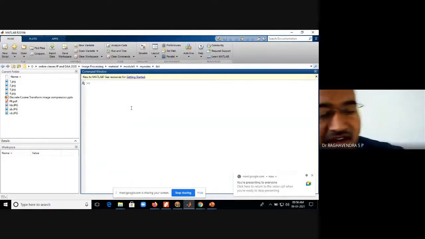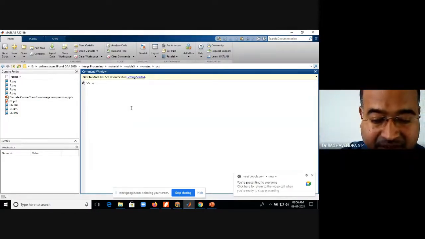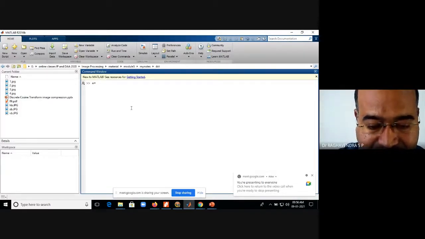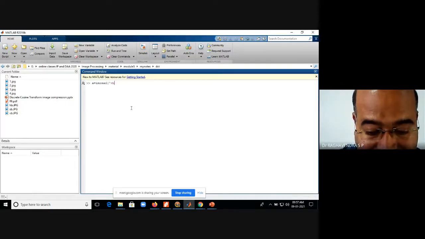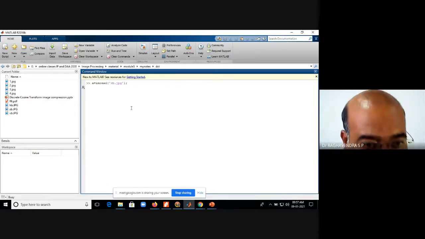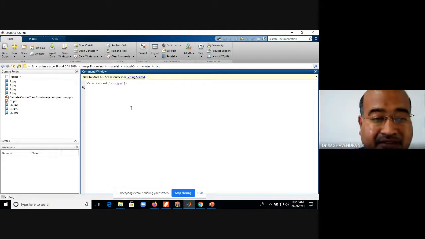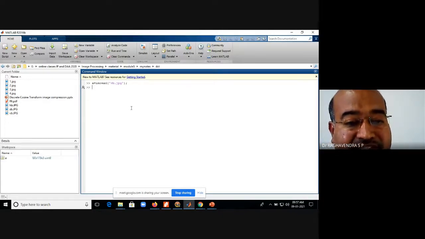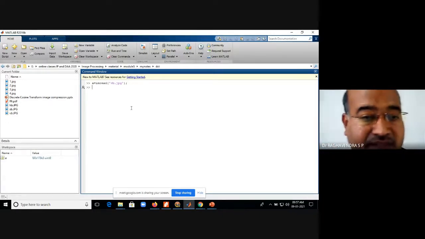So now I'm going to read an image here, A is equal to. This is the image I have read, that is VB, meaning vertical bar. If you consider a vertical bar, only horizontal frequency components are available. Let us find out how this can be done.